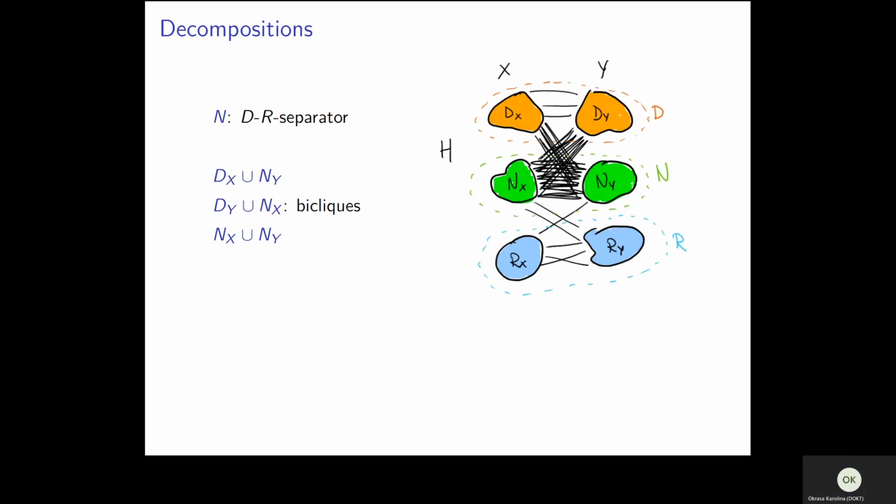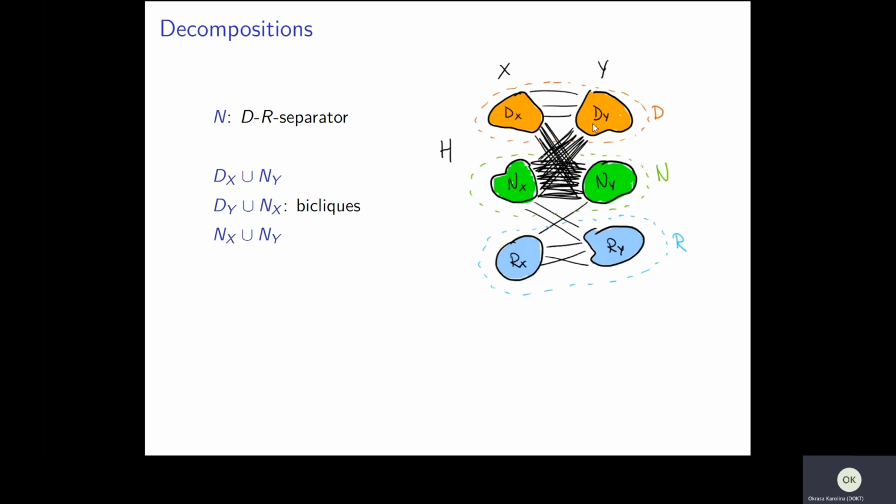And another important thing which plays a role in our proofs is that if we assume that our H looks somehow like this, here we have bipartition classes X and Y, because recall that we assume that H is bipartite, and the vertices of H are partitioned into three sets, D, N, and R, such that N is a separator between D and R. And moreover, all vertices of D are complete to the corresponding part of N, right?